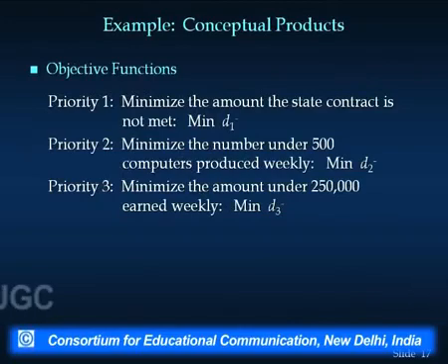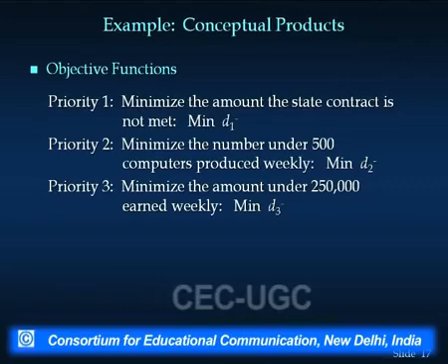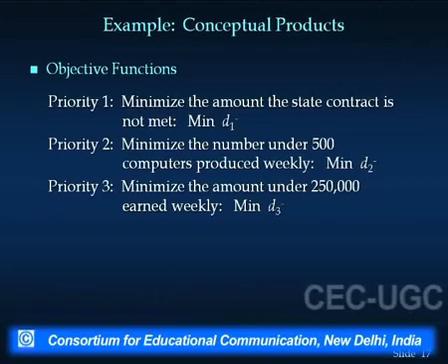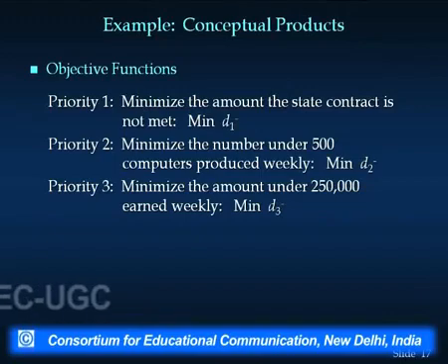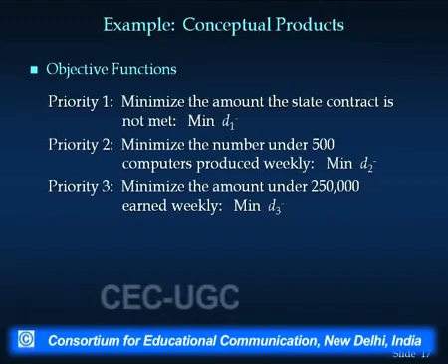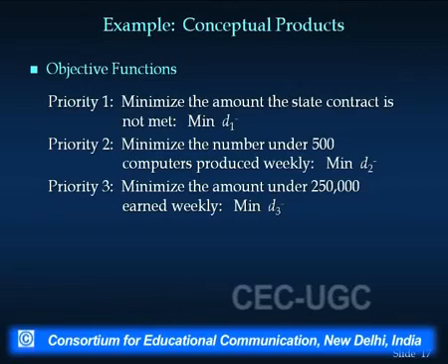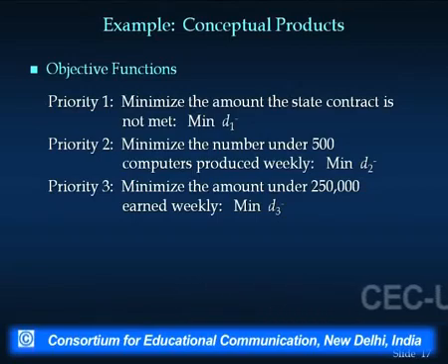So priority number 1, objective function, minimize the amount the state contract is not met. So what is that figure? D1 minus is the deficiency in production of product A, CP400. So D1 minus is to be minimized.